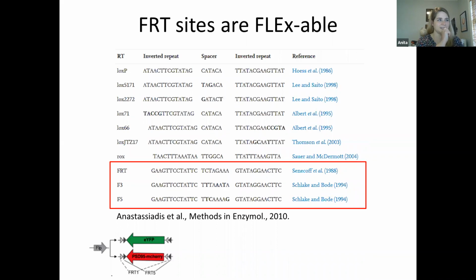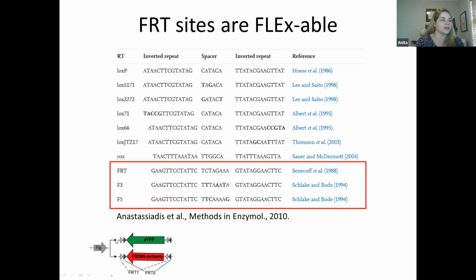FRT sites are flexible, little pun humor for you. Basically similar to lox, here's the loxP library. This one's a little bit different from the first one that I showed you. But basically you can mutate the spacer region, which determines the directionality.